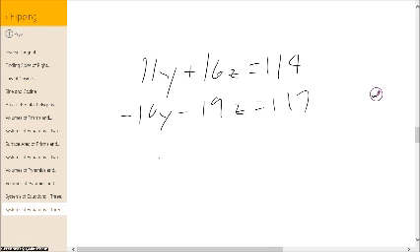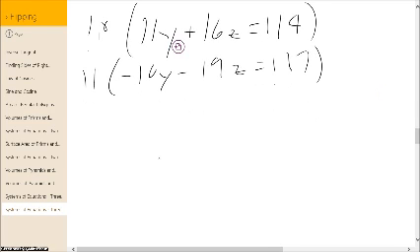We don't have anything we can multiply 11 by to get 10, so we can just multiply them by the coefficients of each other. I'm going to take all of this and multiply it by 11, and take all of this and multiply everything by 10.